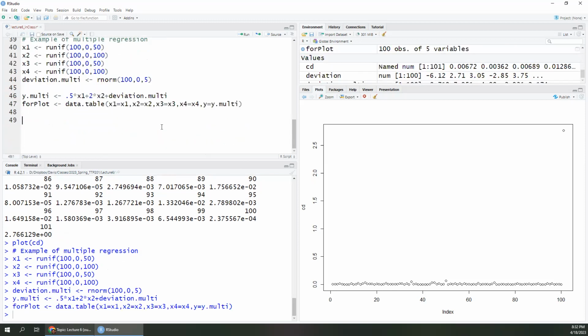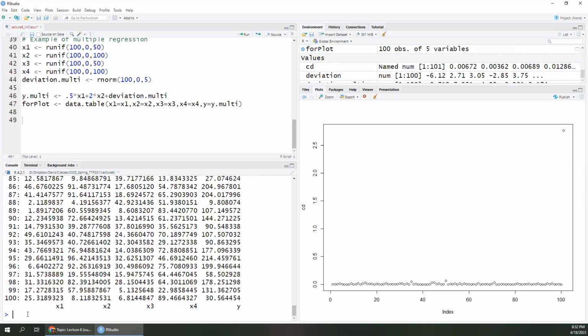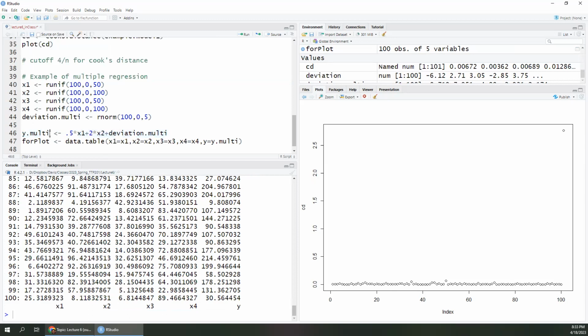So now I should have a table with 5 columns: x1, x2, x3, x4, and y. Note that I've done something different here, or maybe less intuitive. y is actually defined strictly as a function of x1 and x2, and not of x3 or x4.